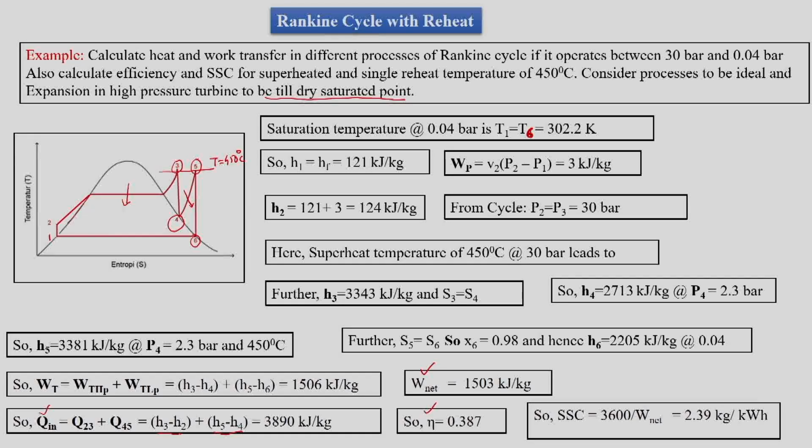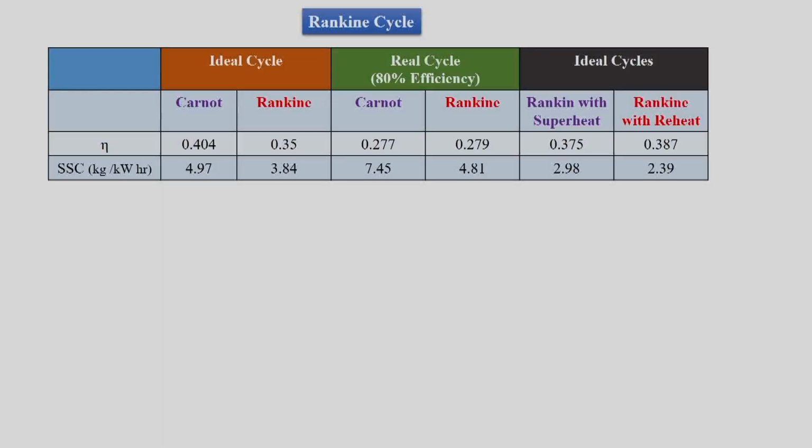But this example was mainly to compare the different cases between the same boiler and condenser pressures. We have seen the ideal cycle for Carnot and for Rankine, where we did not consider any component efficiency, or rather considered 100% efficiency of components. We did not consider any superheat or reheat for Rankine.